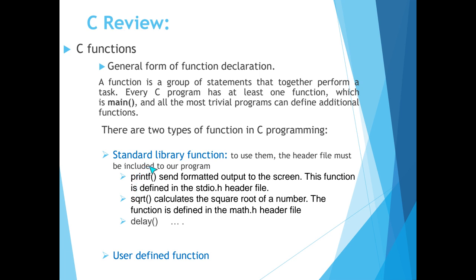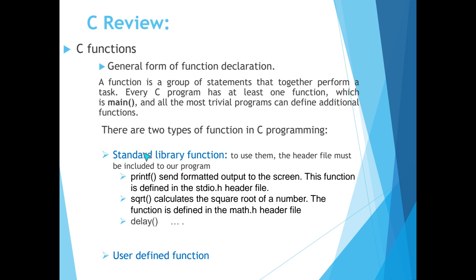For example, printf, which sends formatted output to the screen, and this function is defined in the stdio header file, meaning that, as you remember, we said that any C program or any type of code in C programming starts with a preprocessor, and in the preprocessor we should add the header file.